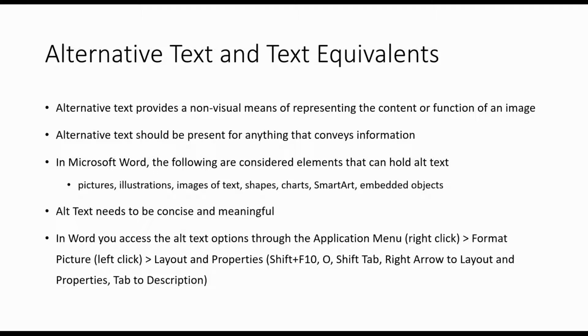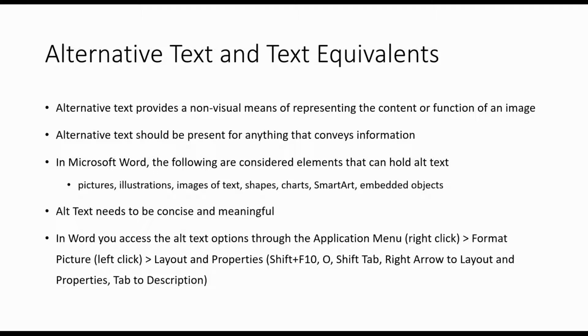So if you can explain the information without using a chart, a diagram, smart art, etc., it's usually best to do so. But those alt text features are there for if that information needs to be represented through one of those means. You do have the option for the alt text to further that information.